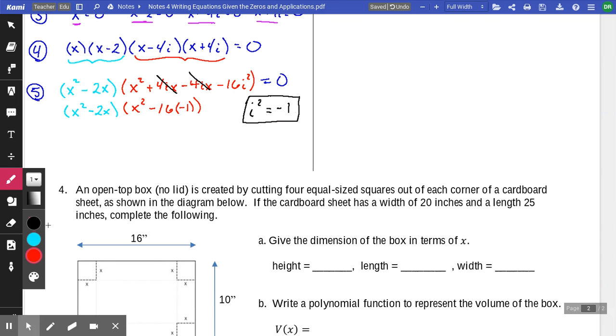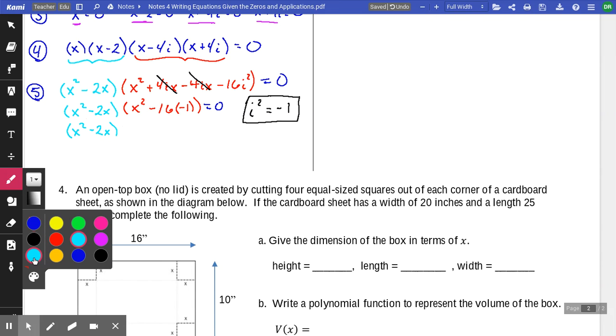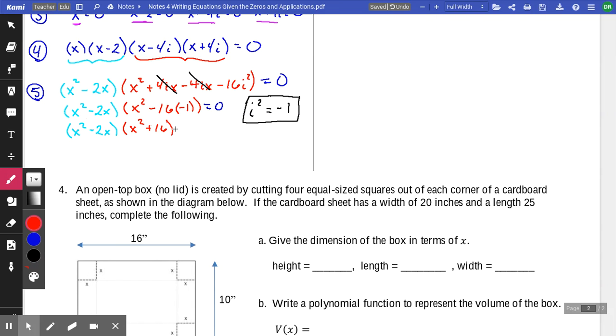Okay, and so if we did that, our factors would say x squared minus 2x here. But in that second scenario, we actually end up with x squared plus 16. And notice there are no i's anymore. So by using our properties, we now have two factors that do not include the letter i, meaning we are ready to go ahead and multiply together.